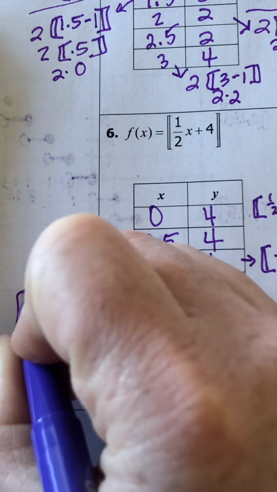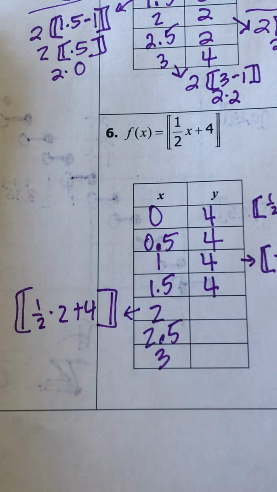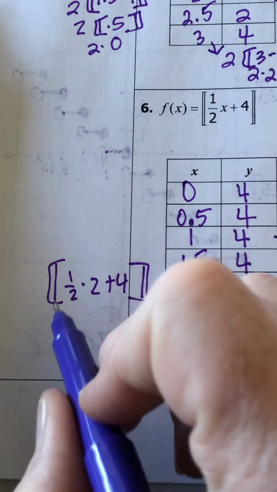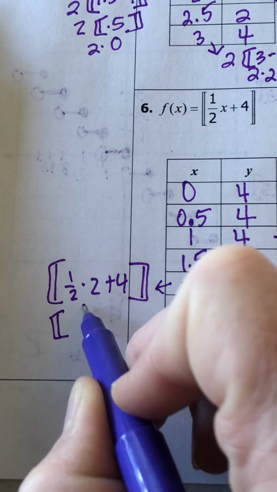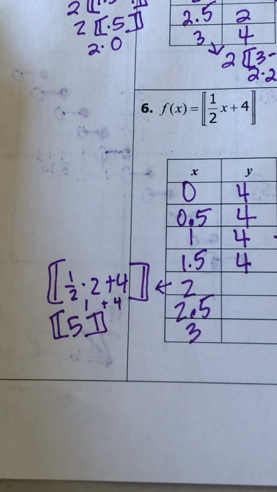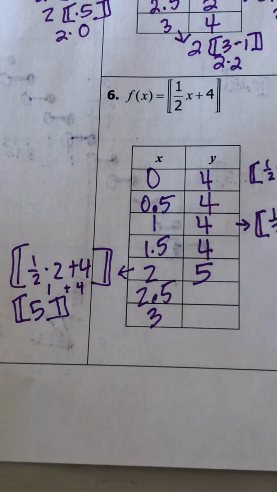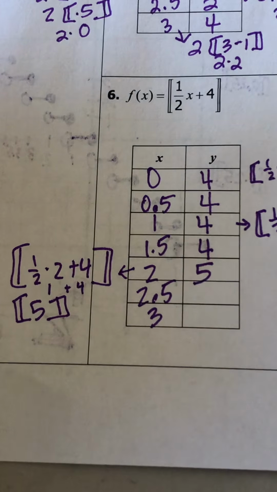So I'll have the greatest integer of 1/2 times 2 plus 4. Okay, this would be the greatest integer of 1 plus 4, 5. Okay, well, that's an integer already, so 5. I don't need to take the greatest integer, it is 5.